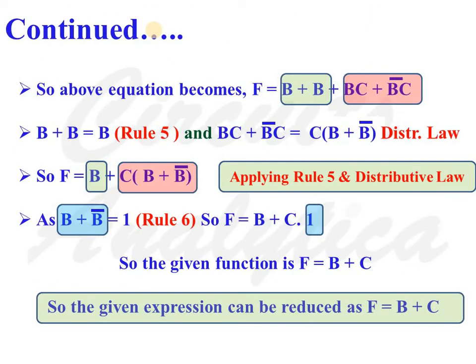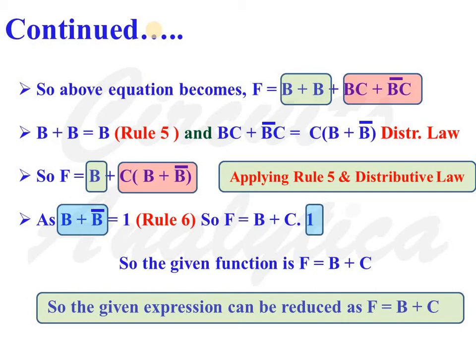So, the above expression becomes F is equal to B plus BC plus B bar C. So, B plus BC is equal to B. BC plus B bar C is equal to C into (B plus B bar). And B plus B bar is equal to 1.